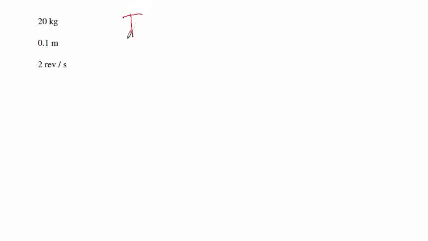So the formula for the moment of inertia of a solid cylinder is 1/2 m times the square of the radius. The formula for the angular momentum, L, is I times the corresponding angular velocity, which I'll denote by omega.